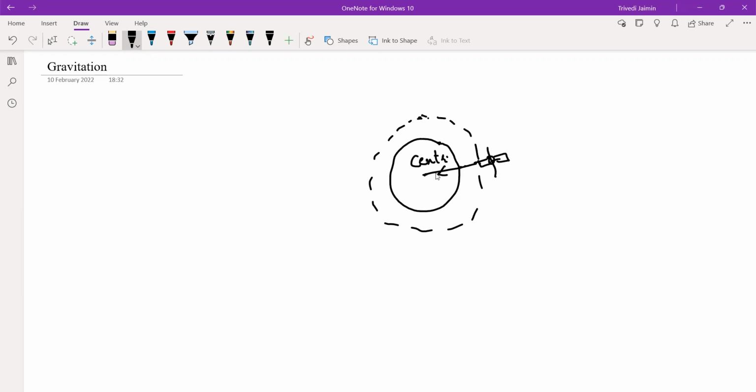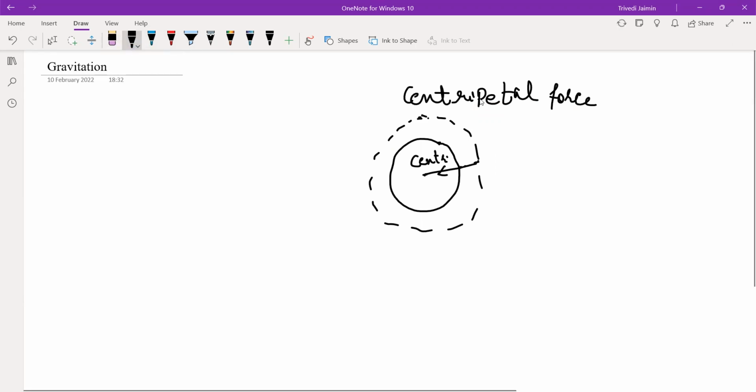Now, what is centripetal force? Object is attracted to the center of the object. Exactly. Centripetal force. Attracted towards the center of that. Okay.